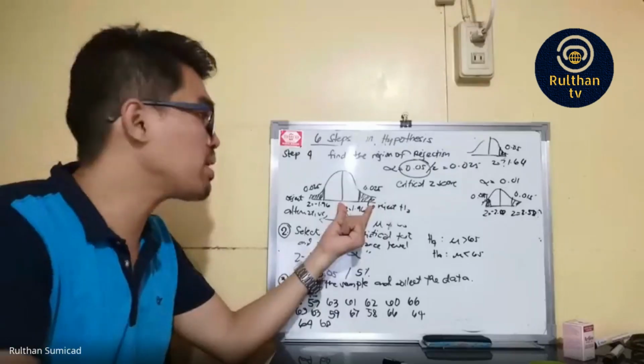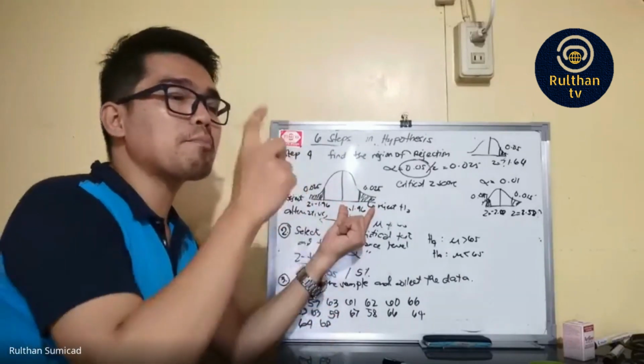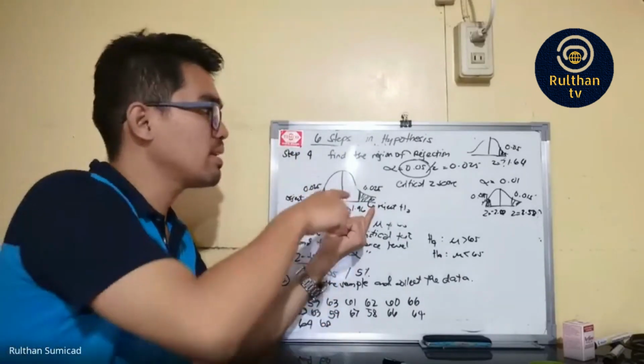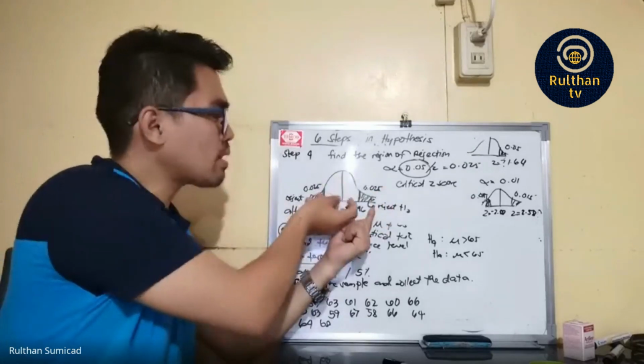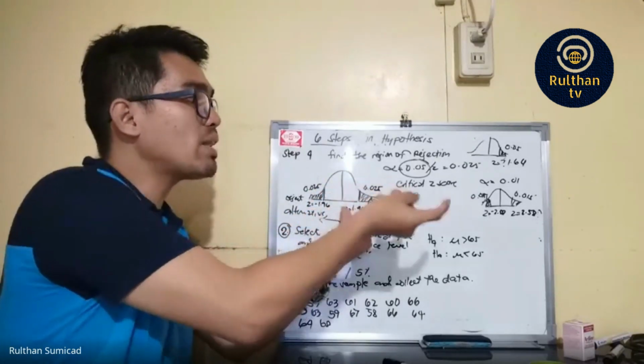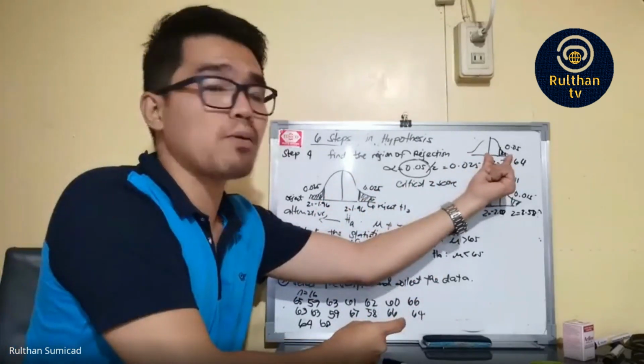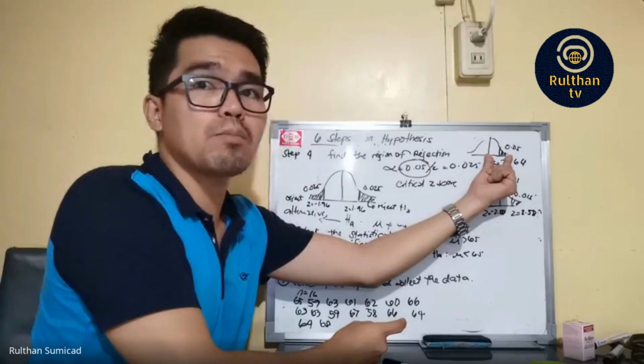No, they're not the same, because if it's a one-tailed test, what you're going to subtract from 0.5 is this one to get the probability in this area. But if it's two-tailed, we will subtract this portion, which is 0.5, minus 0.05.